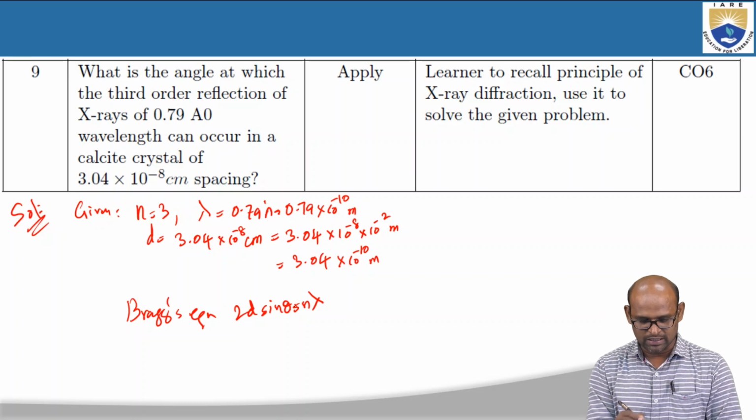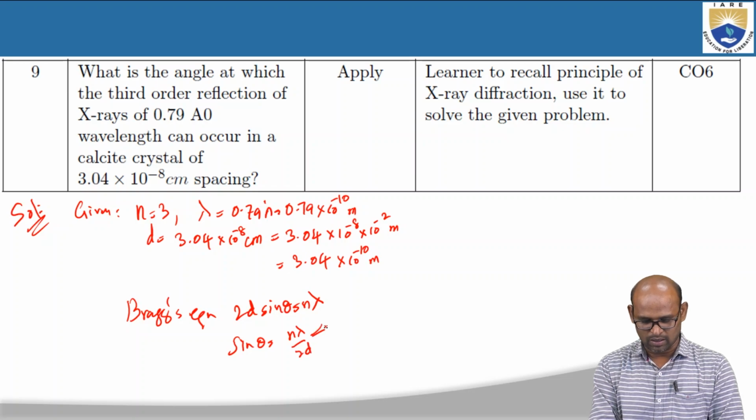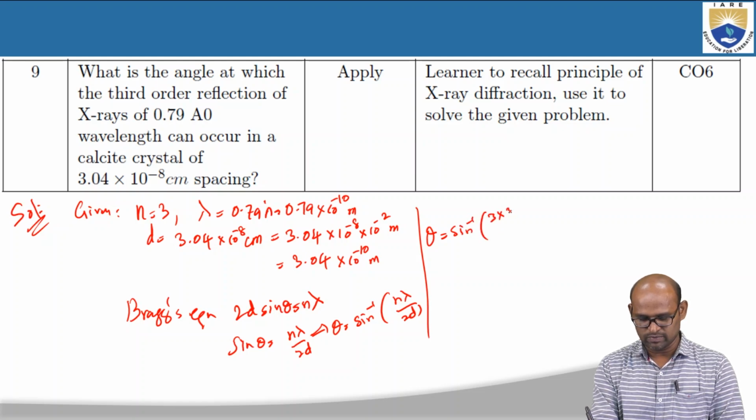We want theta, so sine theta is equal to n lambda by 2d, or theta is equal to sine inverse of n lambda by 2d. Substituting all the values, theta is equal to sine inverse of n is 3, lambda is 0.79 into 10 power minus 10, divided by 2 into d, where d is 3.04 into 10 power minus 10.